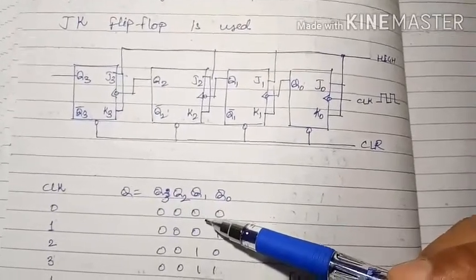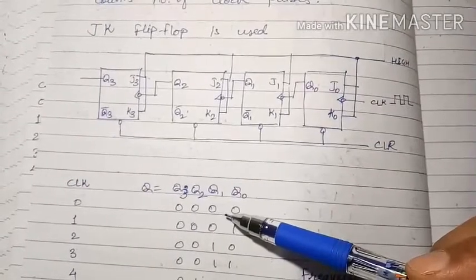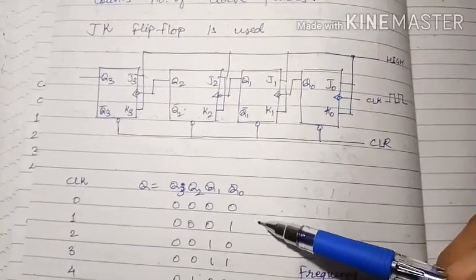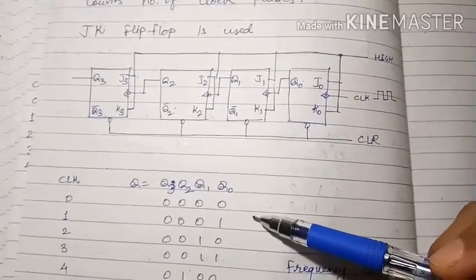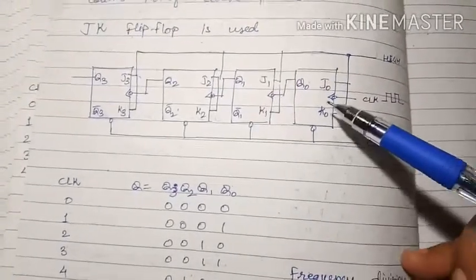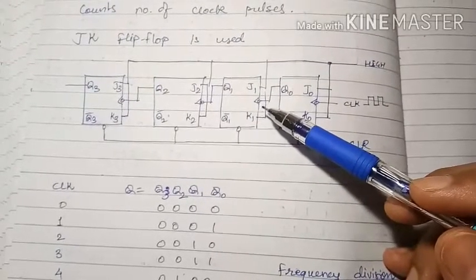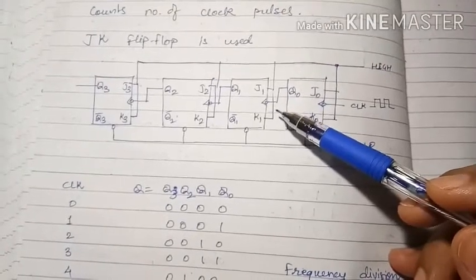It means the counter is cleared. When clear returns to high, the counter is ready to go. Since the LSB flip-flop receives each clock pulse, Q0 toggles once per negative clock. This is the negative clock, meaning that at the negative edge of the clock, the circuit will perform the state transition operation.